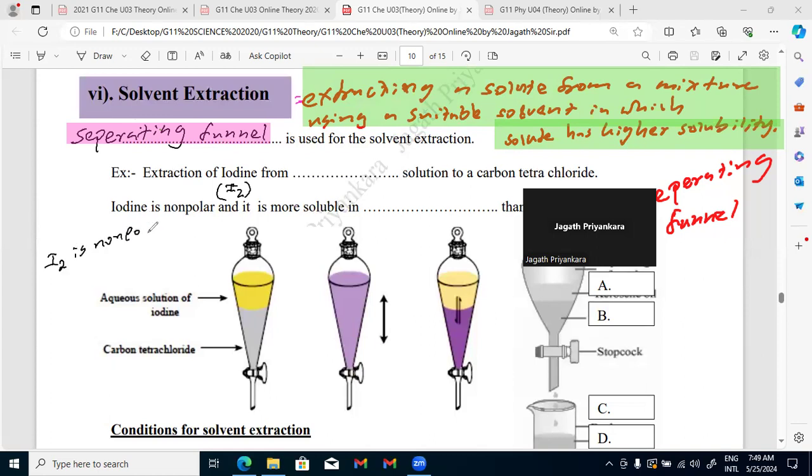Therefore, it is more soluble in a non-polar solvent than in a polar solvent.